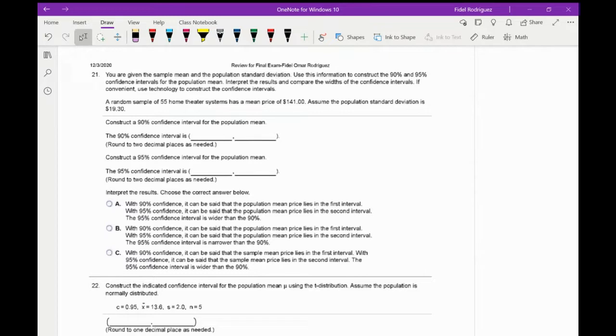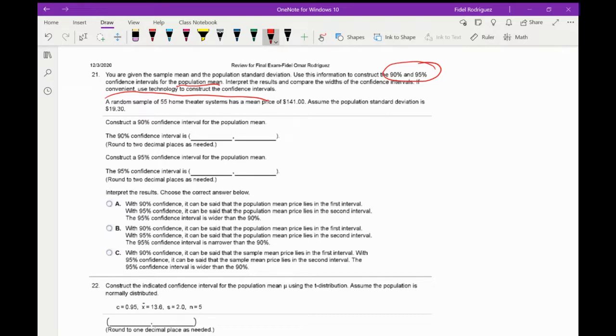Use this information to construct both the 90% and the 95% confidence intervals for the population mean. Interpret the results and compare the widths of the confidence intervals. And if convenient, let's use some technology to construct these confidence intervals. Okay, perfect. That's what we're actually going to do, guys.